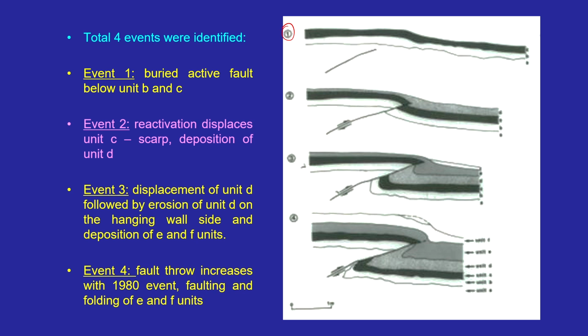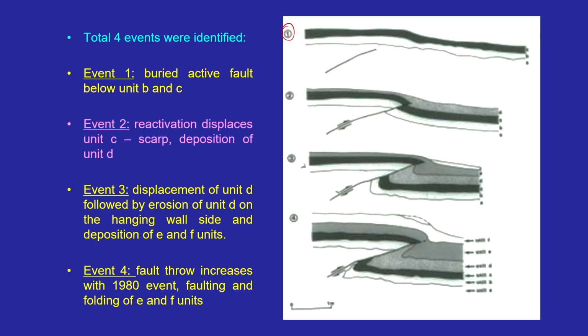So, they say that the scarp existed before the event which they identified in their trench, and then there was another event which resulted in the displacement of, or we can say event 1 here, which was after this unit. It's not very clear, but if I say, then this probably is the unit E, if I am not wrong.